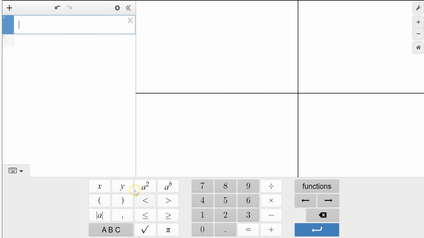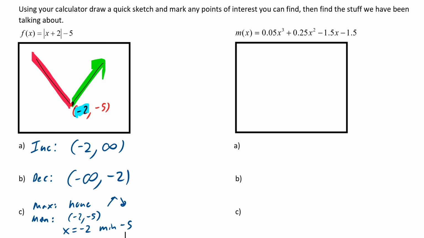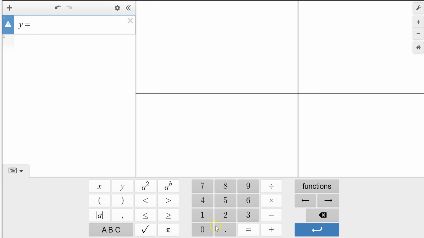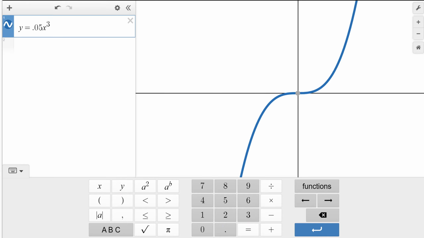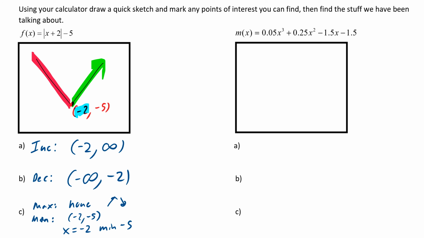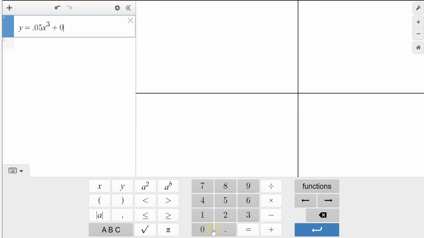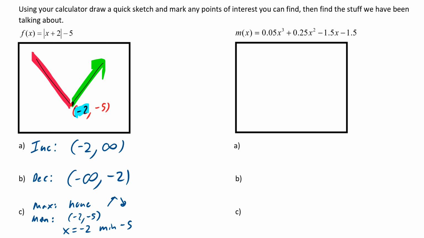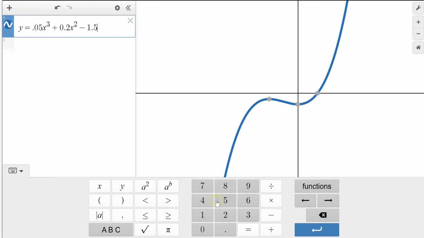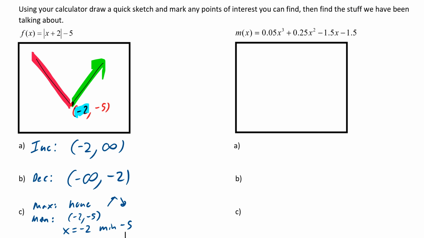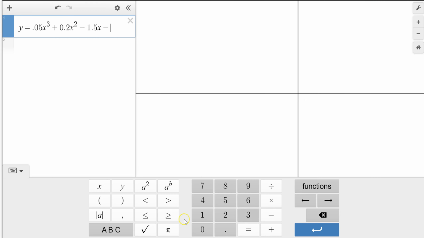So you don't even have to put an f. You can just put y equals, and then it's 0.05 x cubed plus 0.25 x squared minus 1.5 x minus 1.5.